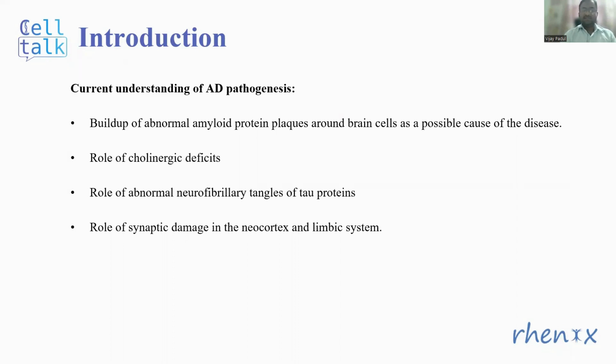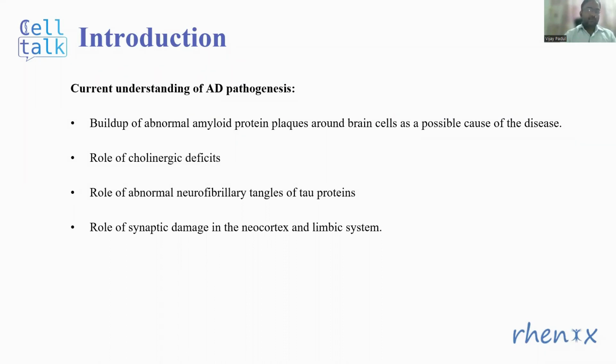The neurotransmitter metabolite, that is acetylcholine esterase, if there is some dysfunction in its metabolism, then it can result into the Alzheimer's disease phenotype. And some studies have also involved a role of abnormal neurofibrillary tangles of the tau protein that are accumulated into the synaptic area of the neurons as a causative factor for the Alzheimer's disease pathogenesis.